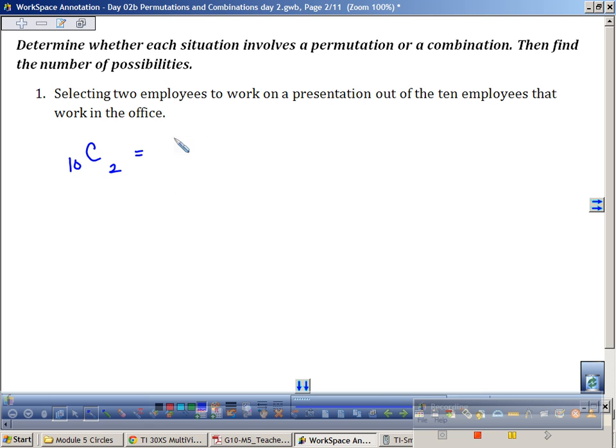That can be translated to 10 factorial over 10 minus 2 factorial, 2 factorial, which equals 10 factorial over 8 factorial, 2 factorial, which equals 10 times 9 times 8 factorial over 8 factorial.